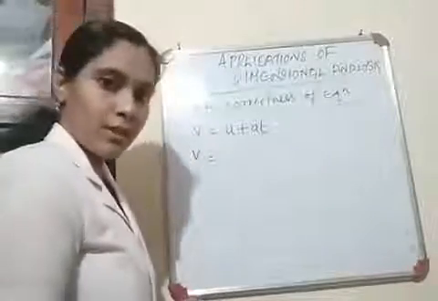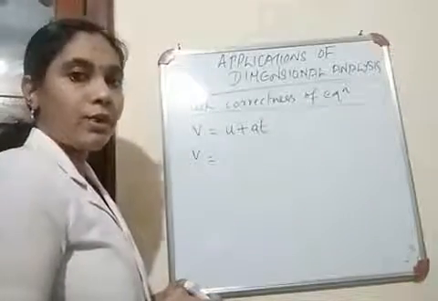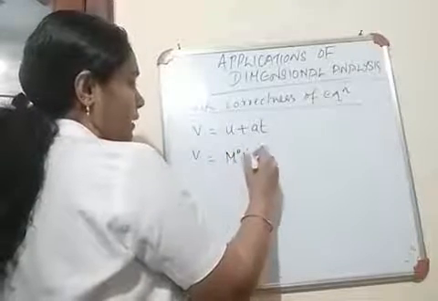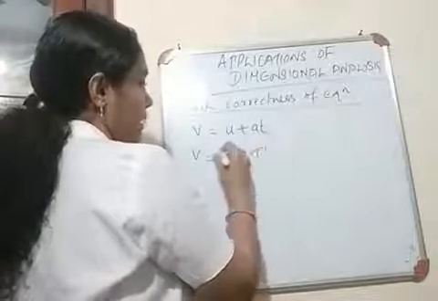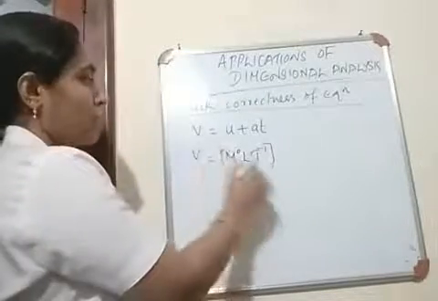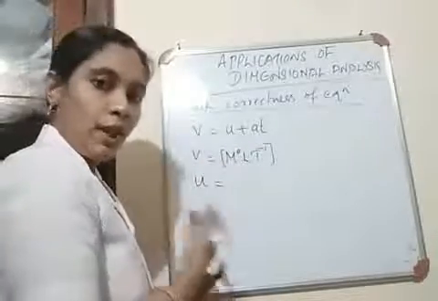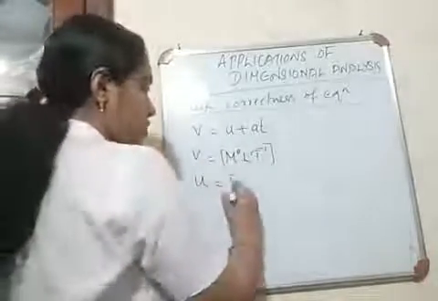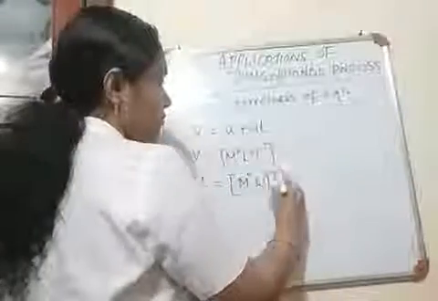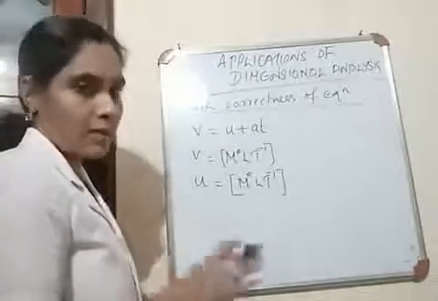V means velocity, and we have already studied the dimensional formula for velocity. It is M raised to 0 L T raised to minus 1. So this is the dimension of velocity. Next term is u. U is again a velocity, so its dimensional formula will be the same, M raised to 0 L raised to 1 T raised to minus 1, because both express the same thing, that is velocity.